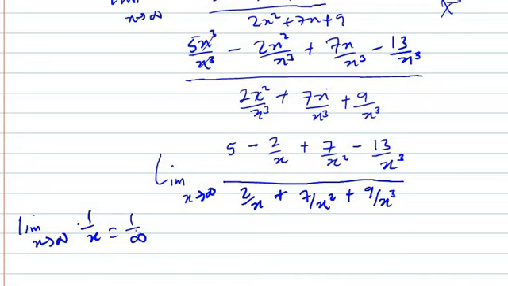You have to be very careful. 1 over infinity is going to be equal to infinity. Sorry, I mean it's going to be equal to 0. If you have x equal to infinity, then you have 1 over x, you have to substitute x to be equal to infinity.